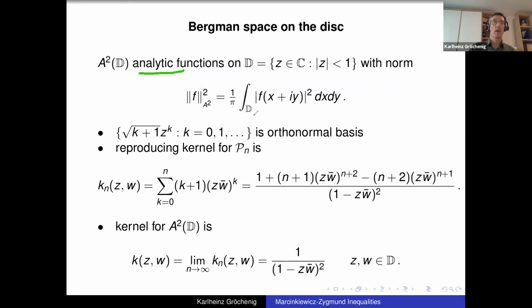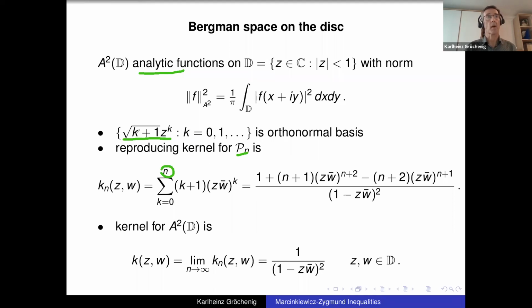So I just recollect three facts. The monomials are orthogonal, just do polar coordinates. And if you normalize suitably, so the normalization factor is square root k plus 1, then you obtain an orthonormal basis for Bergman space. Now, if you take polynomials of degree n, then you calculate the reproducing kernel for polynomials of degree n by taking, let's call them tensor product of the basis elements up to degree n.